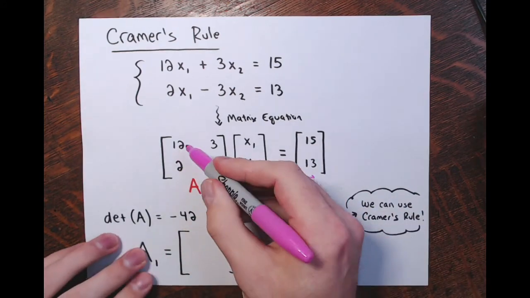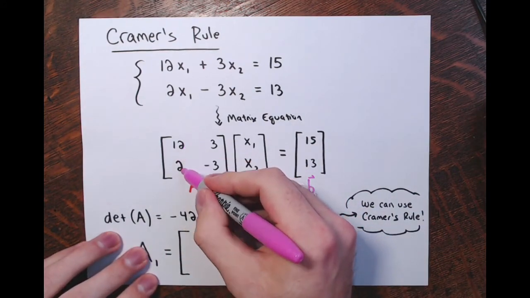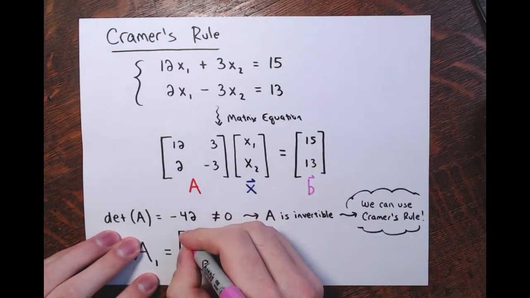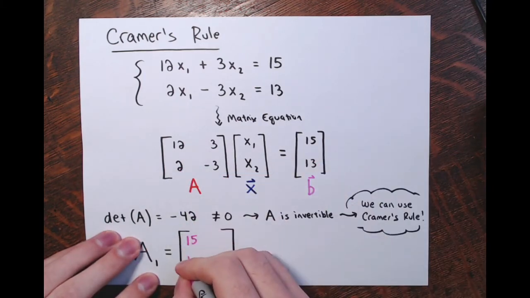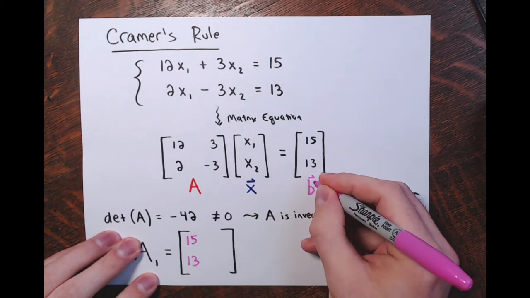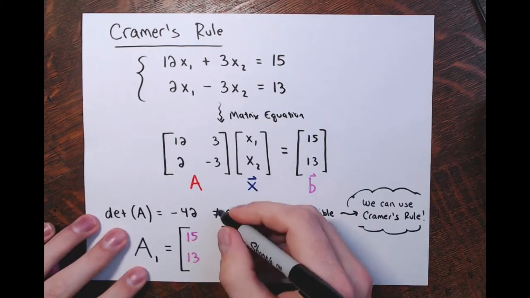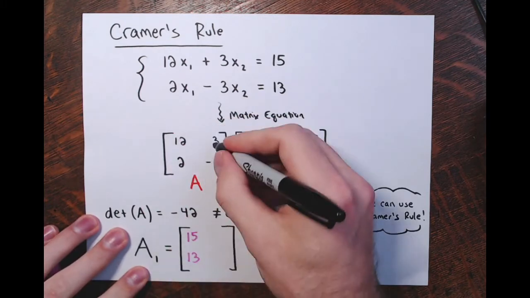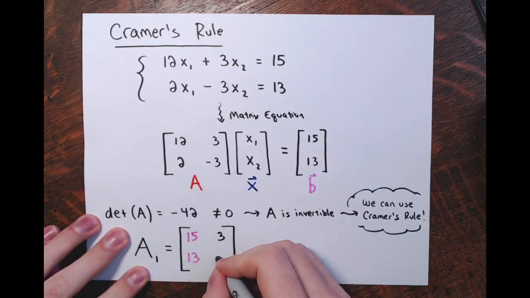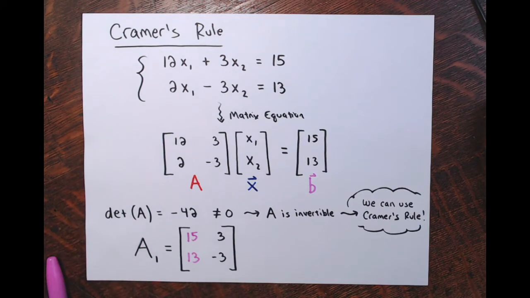So instead of the first column being 12 and 2, the first column is 15, 13. That's why I got that in the pink over here. And then the rest of the coefficient matrix stays the same. All I did was replace the first column. So the second column is still 3, negative 3.